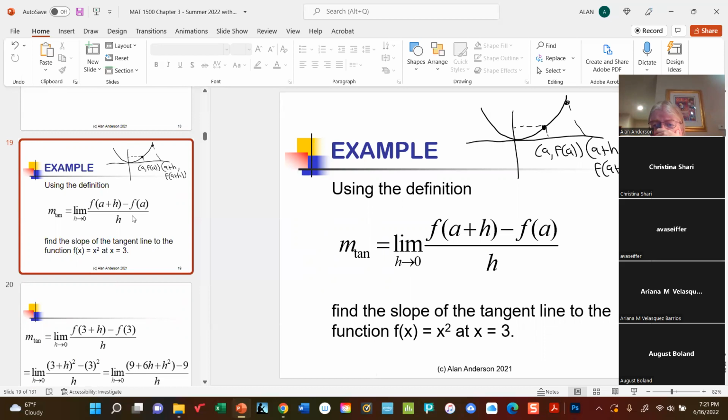So in other words, the h is simply the difference between the 2 x coordinates.